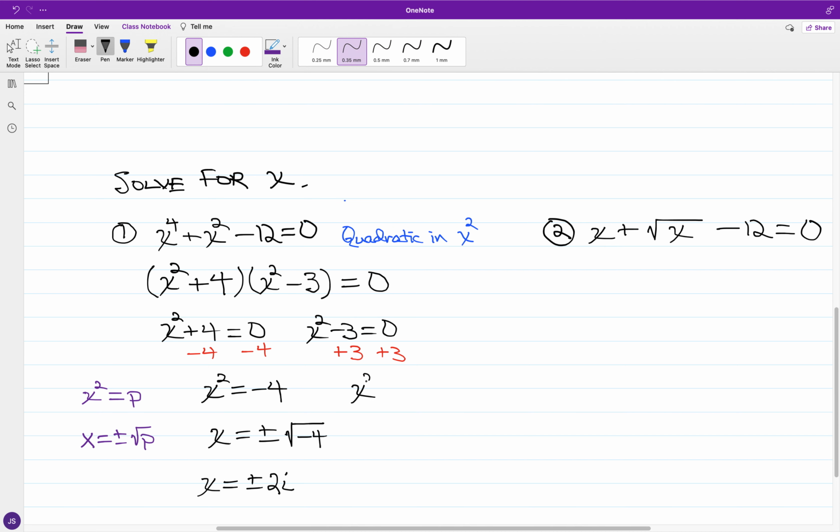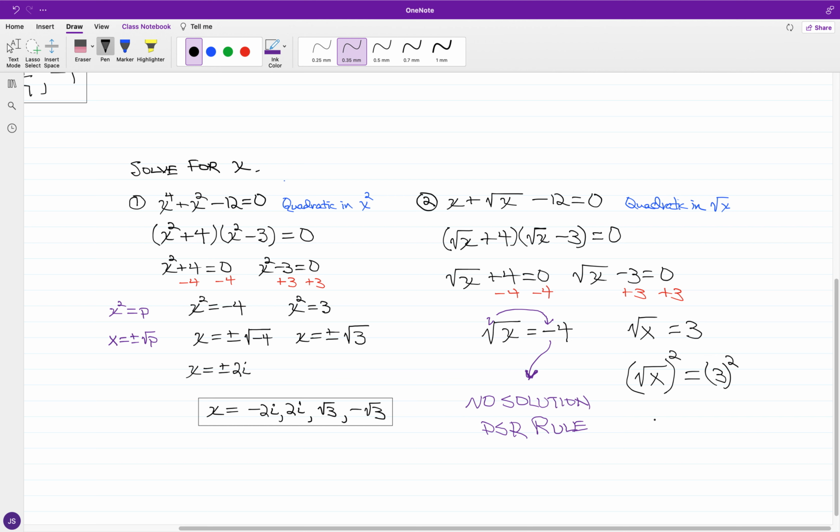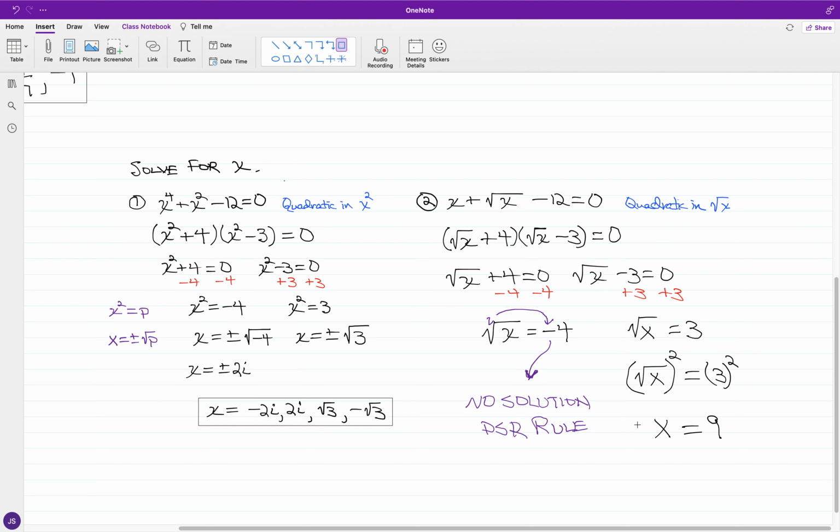So I can follow through and square both sides. The square root of x squared goes to x, and 3 squared becomes 9. And so there will be one solution.